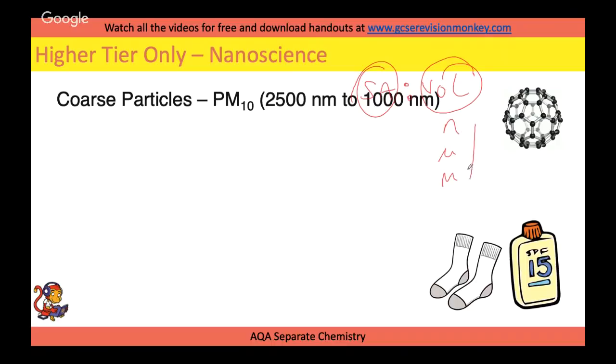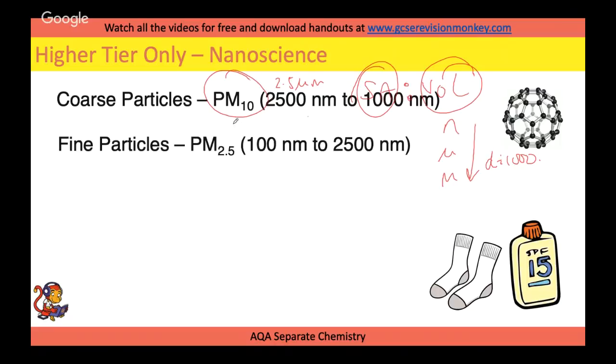As you go down, you divide by 1,000. So you can convert these into micro, so it'd be 2.5 micrometers. Those are the size of coarse particles, and we call those PM10. Fine particles are slightly smaller, 100 nanometers to 2,500 nanometers, and we call those PM2.5.